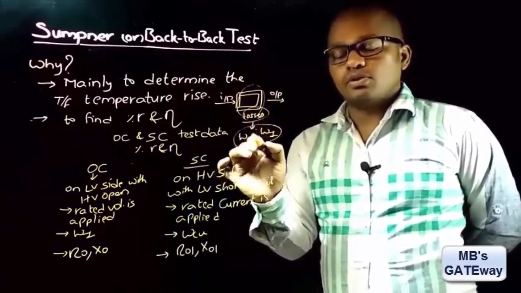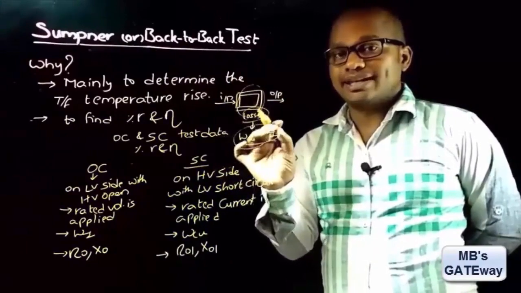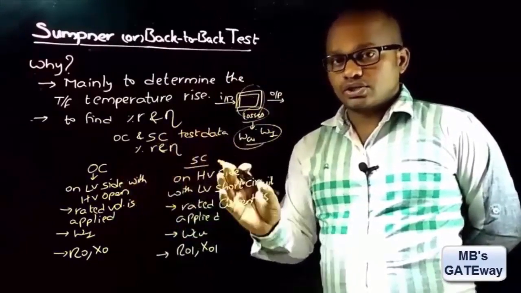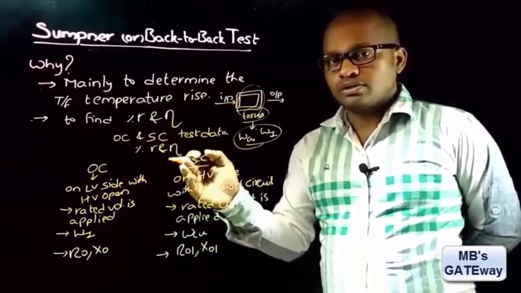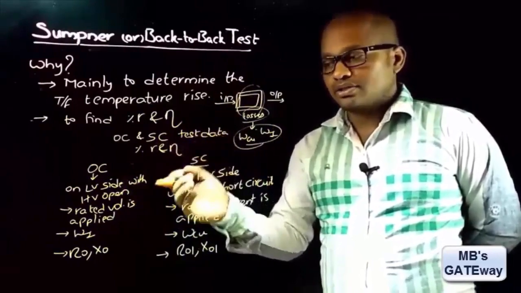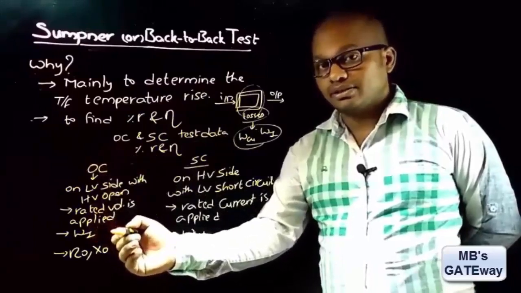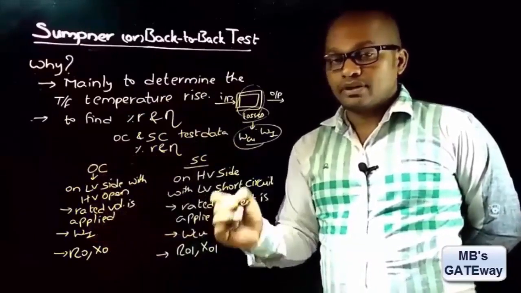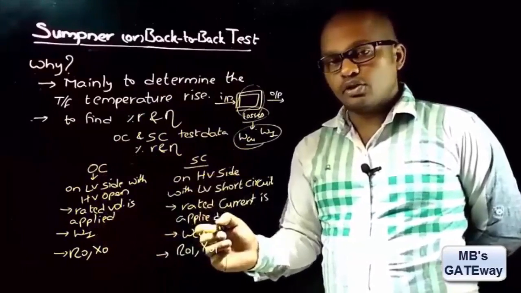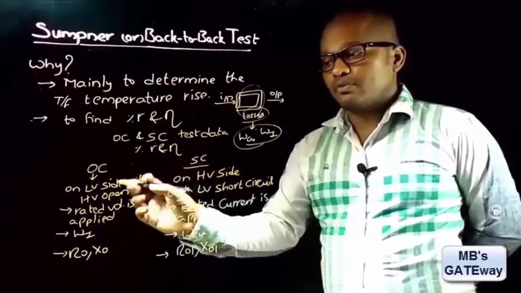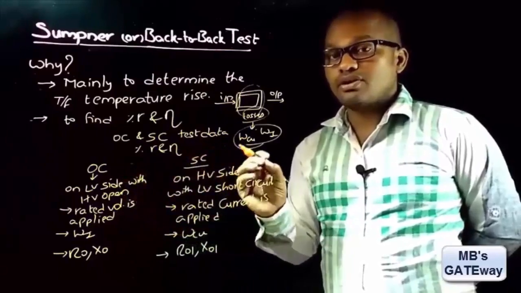So these copper loss and iron losses in transformer exist simultaneously. But from the open circuit test and short circuit test data, we are finding one loss by neglecting the other loss. That is, from open circuit test, we are finding the iron loss by neglecting the copper loss. And from the short circuit test, we are finding the copper loss by neglecting iron loss. So the results obtained from open circuit test and short circuit test are not accurate.